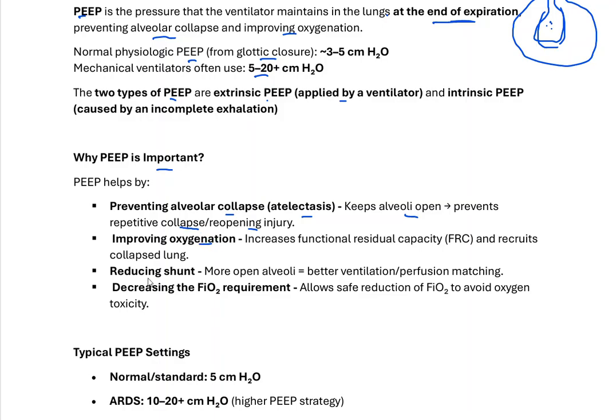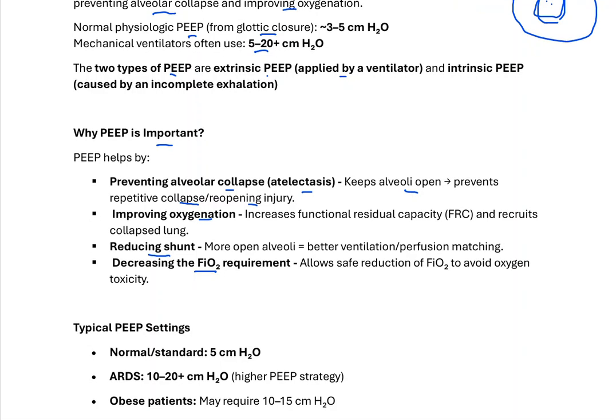It also reduces shunting of blood, so more open alveoli and a better ventilation perfusion mismatch. And the last one, it helps to decrease the FiO₂, because if I can go up on my PEEP, I can help to keep my FiO₂ below 60%, thereby preventing oxygen toxicity.